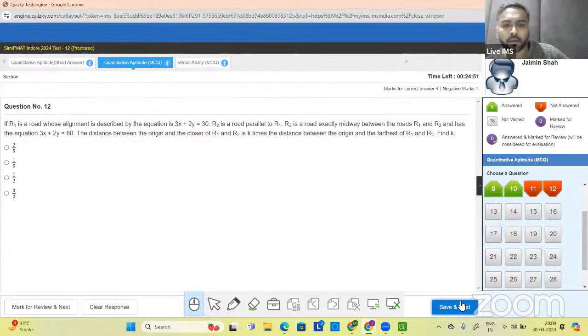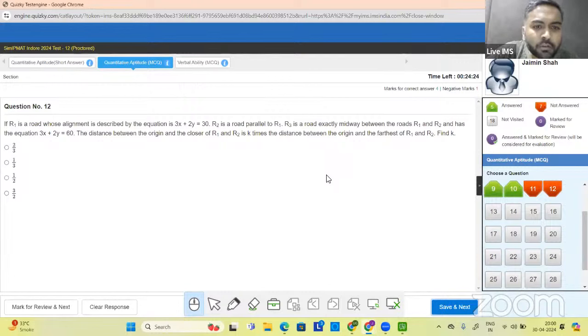R2 is a road parallel to R1. R3 is a road exactly midway between R1 and R2. Okay? R1 is given, R2 is parallel to R1 and R3 is exactly midway, and has an equation, one is 3x plus 2y is equal to 30, the other is 3x plus 2y is equal to 60, and that is R3.